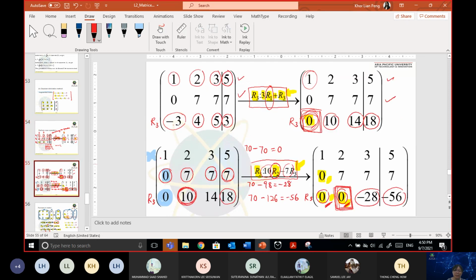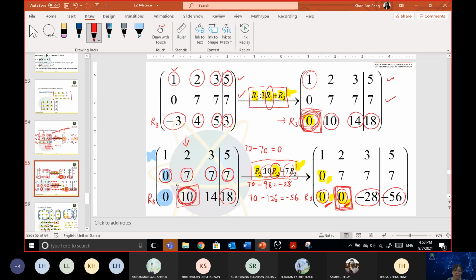After that, we still continue with the first column. We would like to make the third value in the first column a 0, so we conduct the row operation on R3, the third row. After that, we proceed to the second column.